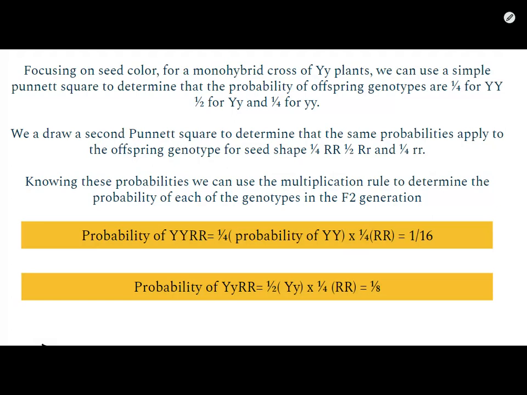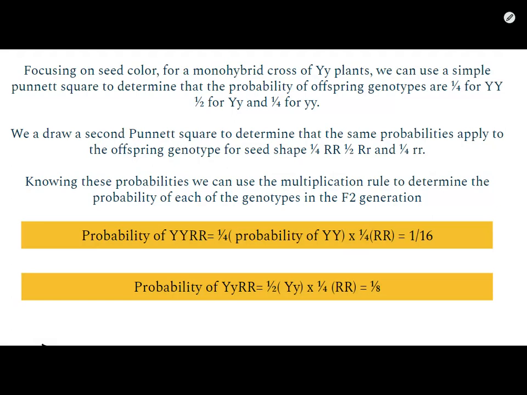So those Punnett squares right there are the first 2 lines of this. With these probabilities, we can use the multiplication rule to determine the probability of each of the genotypes in the F2 generation. So if we wanted to know the probability of getting big Y, big Y, big R, big R, we multiply the probability of getting big Y, big Y, which is 1/4, by the probability of getting big R, big R, which is 1/4.